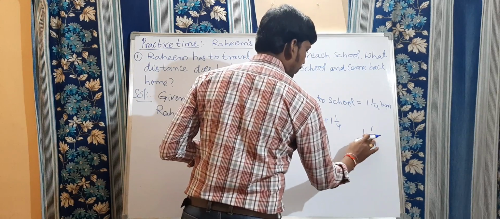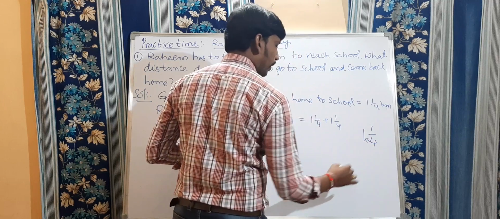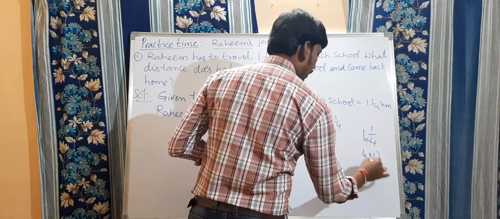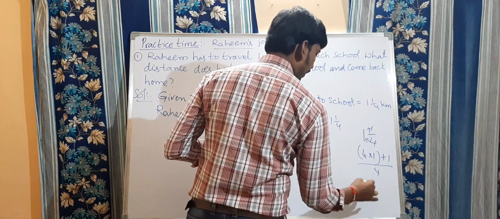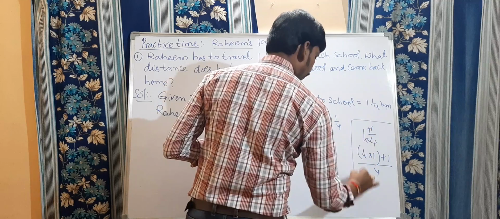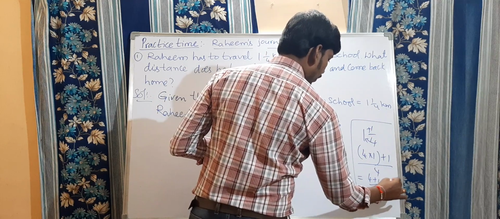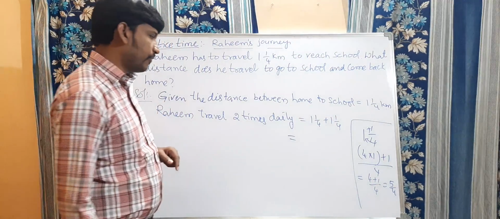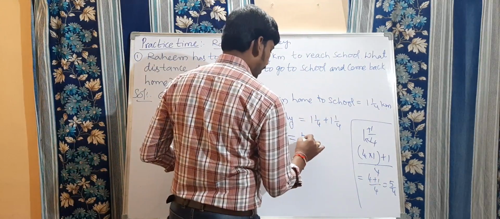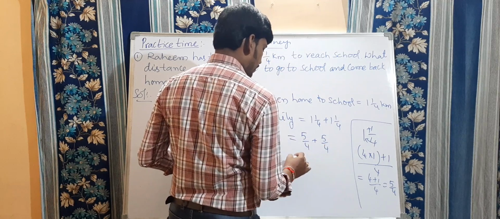First of all, you should multiply the denominator into the whole number, 4 into 1, and add the numerator, plus 1 by denominator 4, which is 4 plus 1 by 4, equal to 5 by 4. Clear, my dears? 5 by 4. So this will become 5 by 4 and this also 5 by 4.